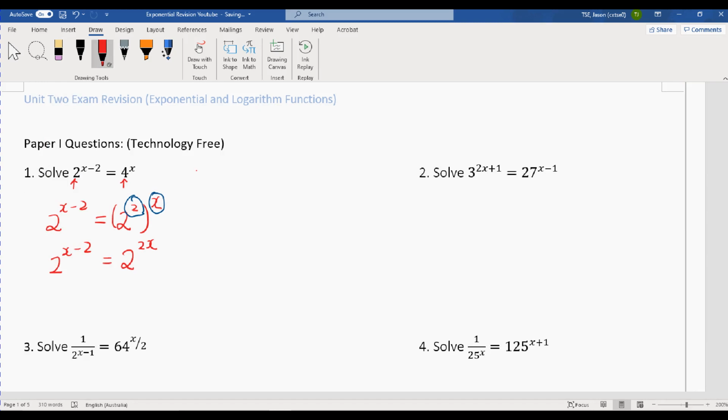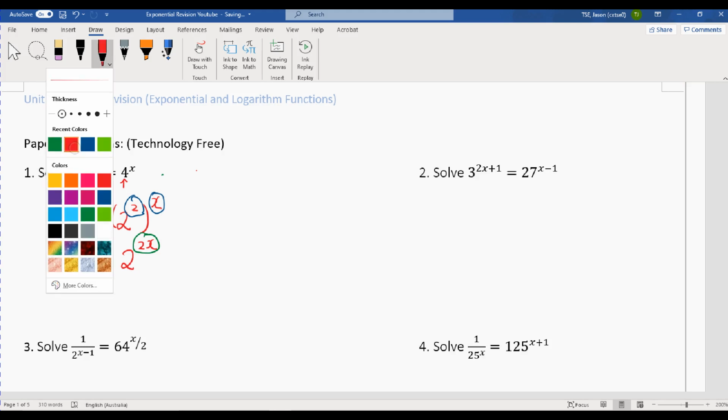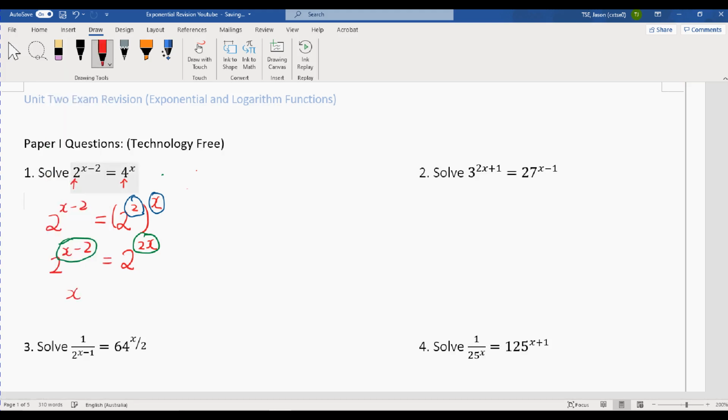So we can compare the indices, okay? Because the bases are the same, that means the indices must be the same, all right? So you need to solve this for x. Obviously, you can move that x to the right-hand side to become 2x minus x. And we know that 2x minus x is just x. So that's just x equals minus 2, which is the answer.